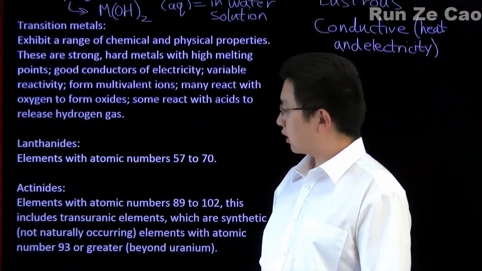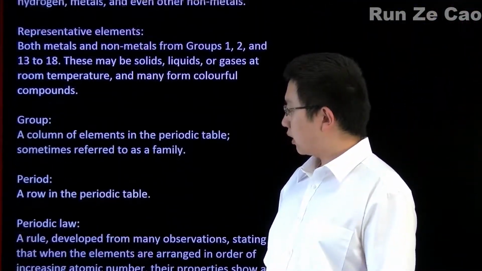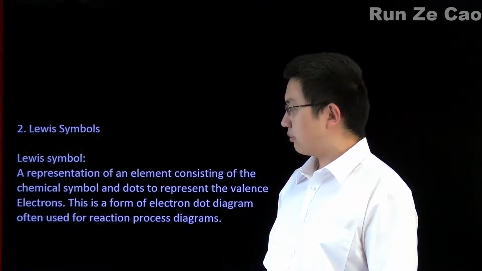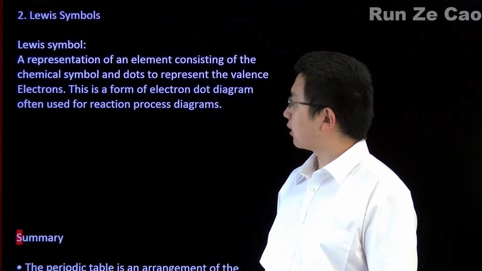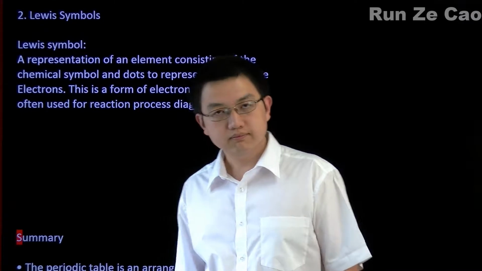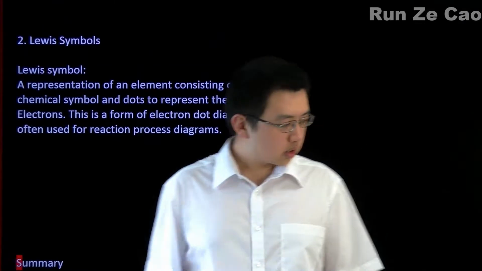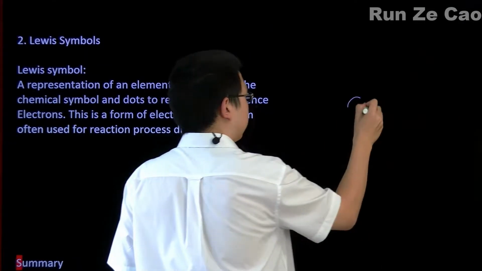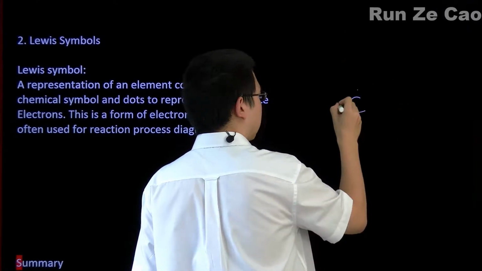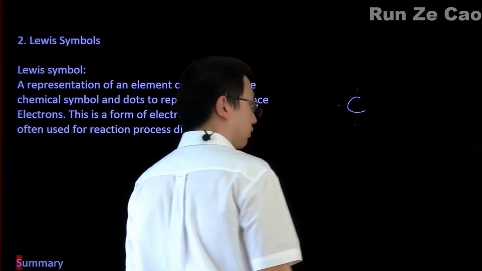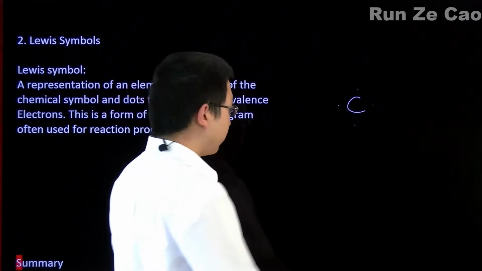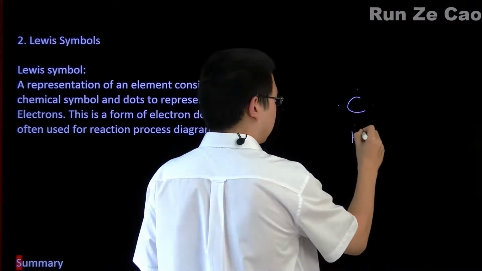Now, continuing, we consider another situation that only really matters for the representative elements, Lewis symbols. Carbon, which has 4 valence electrons, would be represented as this. Hydrogen, which has 1, would be represented as this.